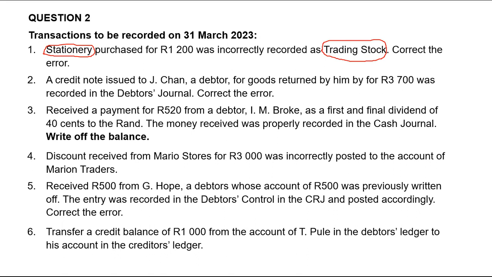I couldn't do the trading stock and cost of sales because I was not given enough information. I wasn't given the markup. I wasn't given anything. I'm simply going to correct the selling price. I will first show you what the error was and show you how we need to correct it.